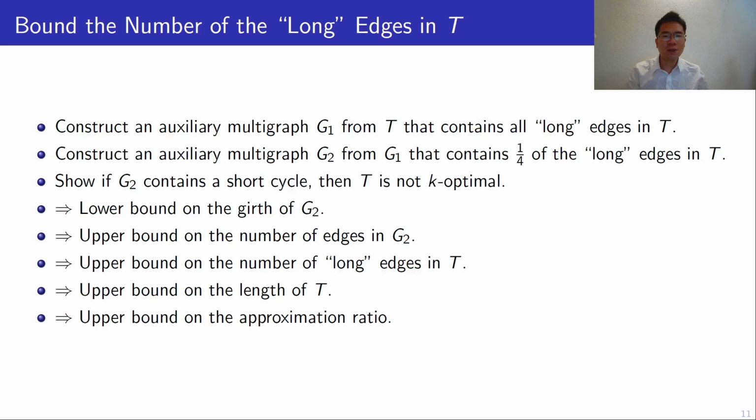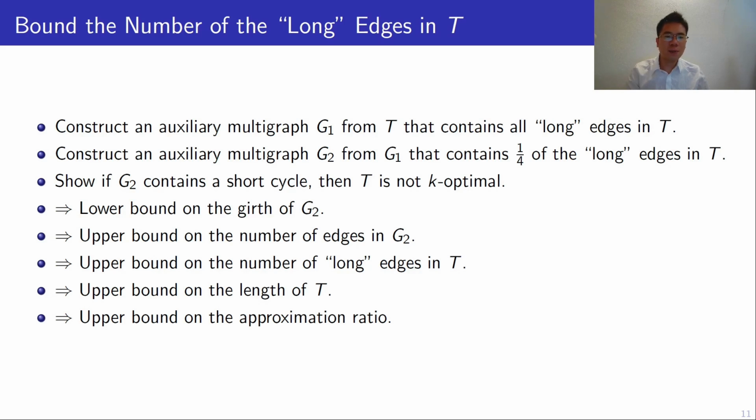Therefore, G2 does not contain a short cycle, and this implies a lower bound on the girth of G2. And this yields an upper bound on the number of edges in G2 by the results from extremal graph theory, for example by the Erdős girth conjecture. And so we obtain an upper bound on the number of long edges in T, since G2 contains at least a quarter of the long edges in T.